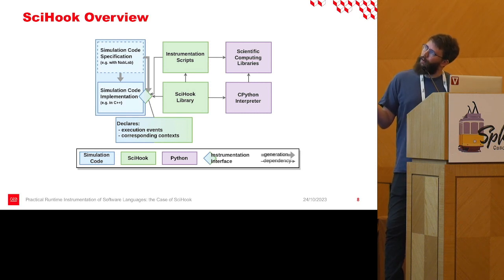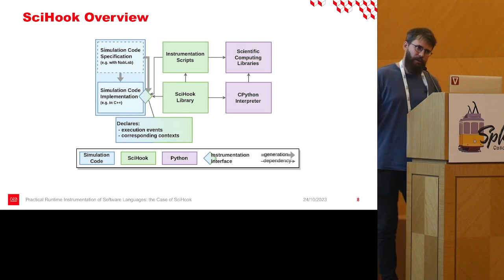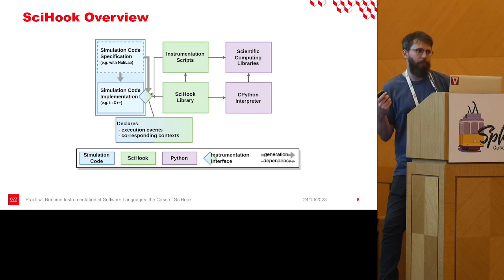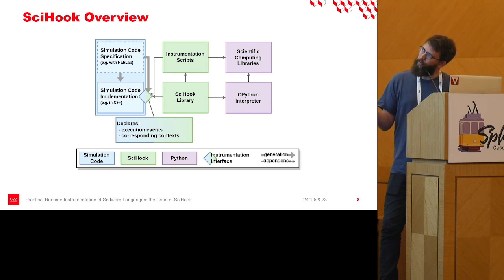So, since we define our language-level instrumentation interface, we are able to derive all the execution events and corresponding execution contexts for each program that we generate. And this instrumentation interface here interacts with the SciHook library to declare the execution events and to emit them during the execution. So then what the user can do is write instrumentation scripts in Python, which they register for the execution, and they will be run.